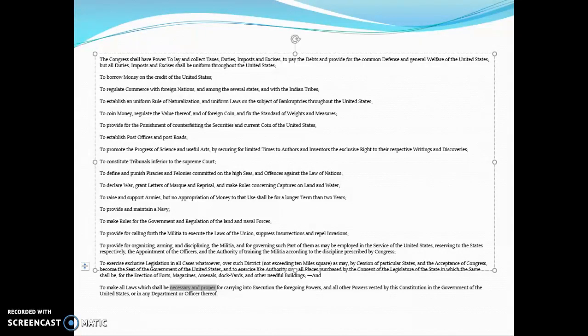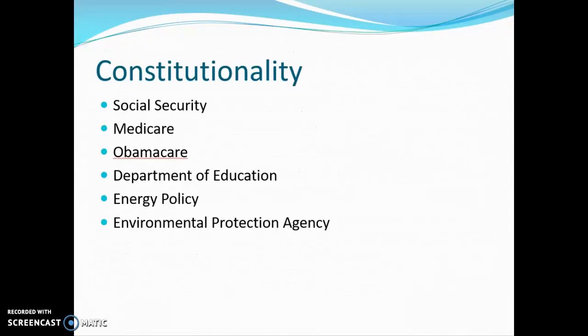That expands the powers of Congress greatly. And here's where it really screws us up today. Is Social Security constitutional? I don't know. Is Medicare constitutional? This huge power of Congress to give health care to senior citizens, I have no idea if it's constitutional.